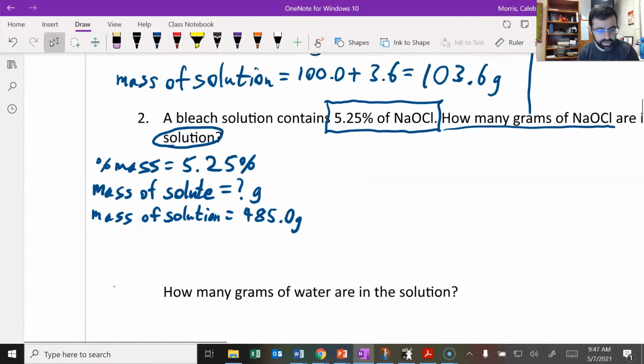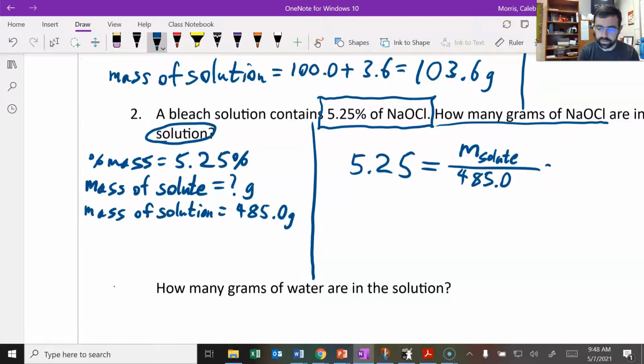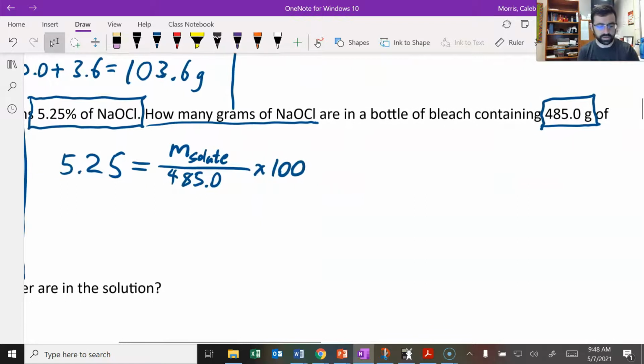Just wanted to make sure that was right. Now we can set up our problem. 5.25, that's our percent, equals the mass of solute, so we can call that M. Label it M solute if you wanted to, or just M is fine, over 485.0 times 100.